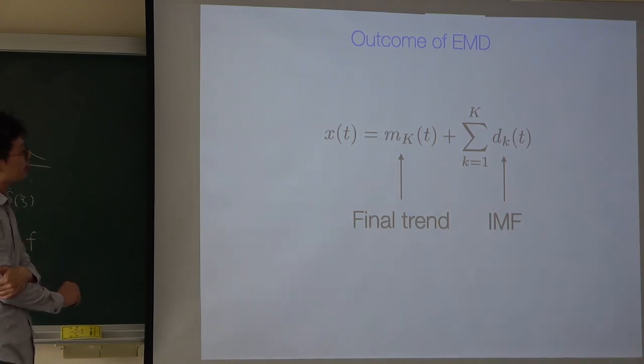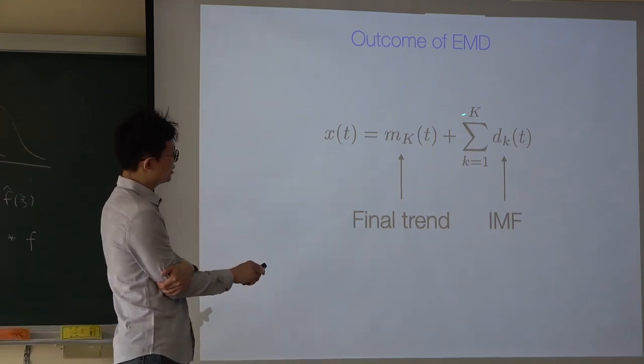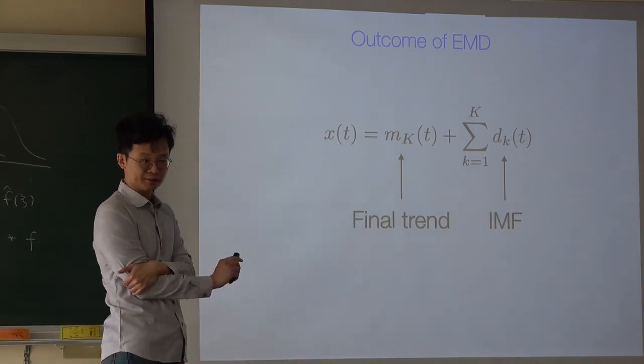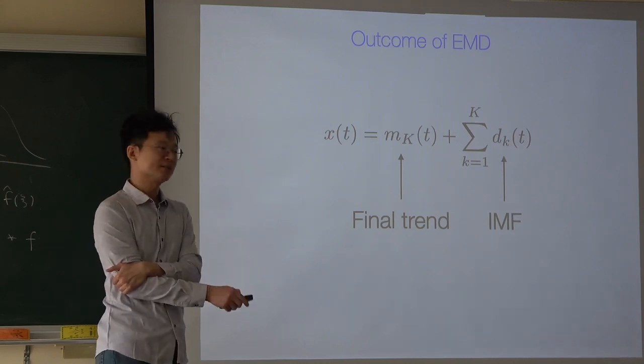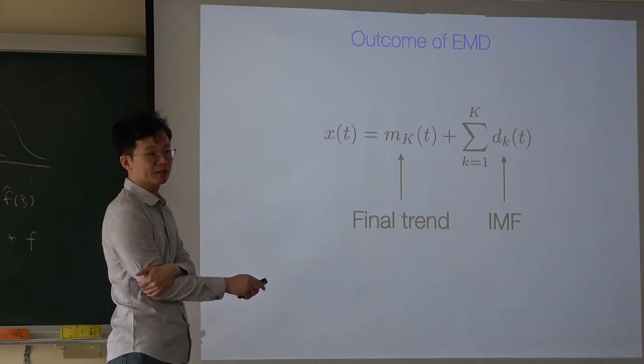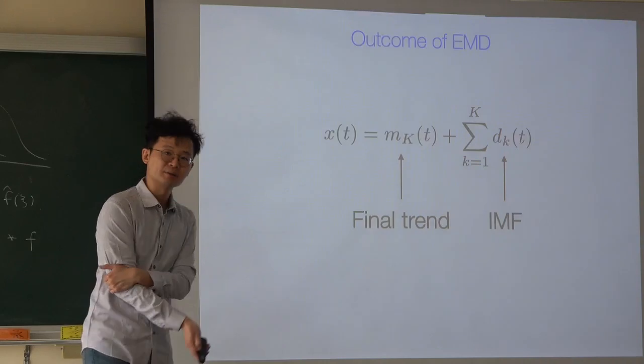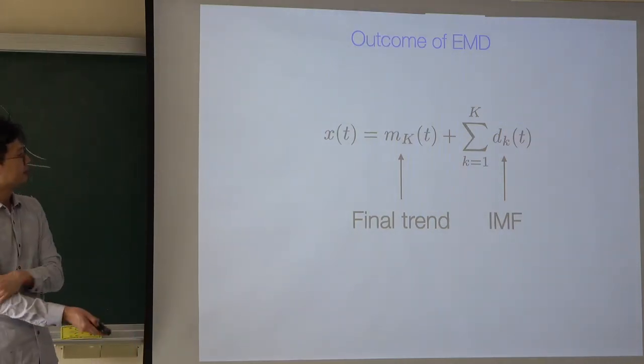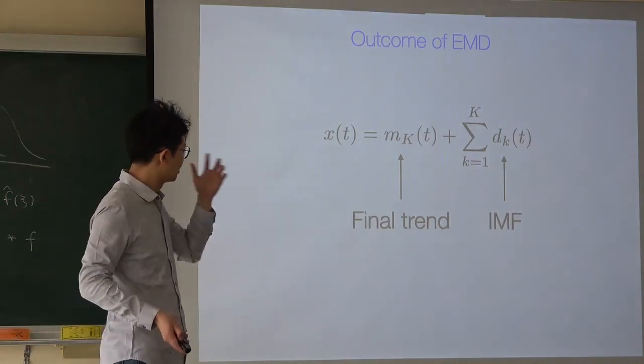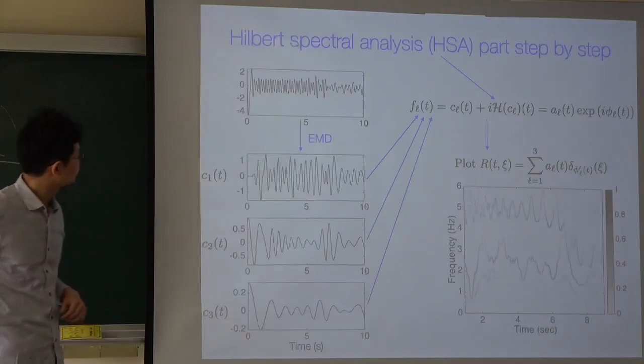And again, the number K depends on the stopping criteria. In some cases, K may be gigantic, and sometimes it may lead to some artifacts. I will show you some examples of it.